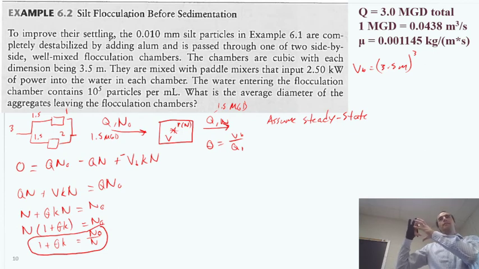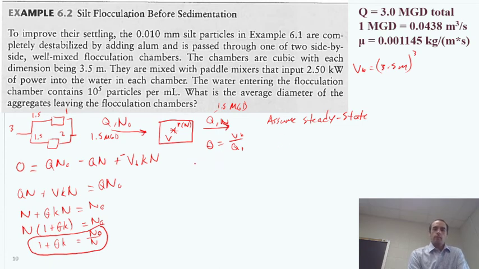Okay, so then from here, what we want to do is make the volume comparison, because we know the volumes. We're still dealing with spherical particles, right? So we should have a consistency in volumes.